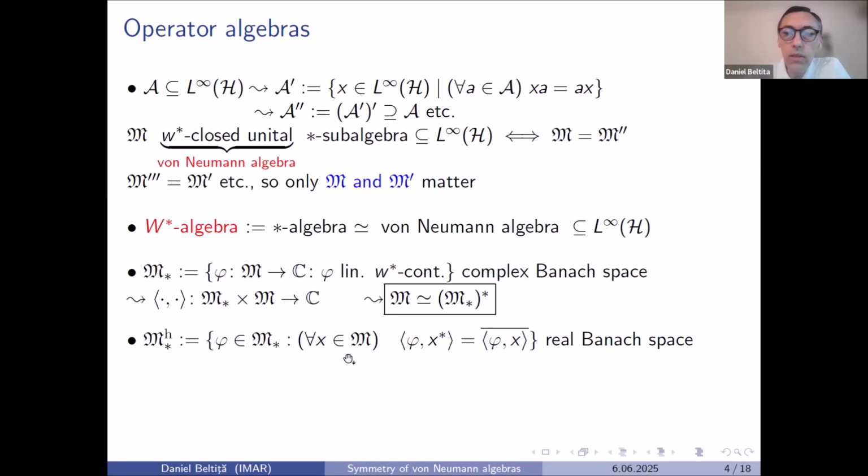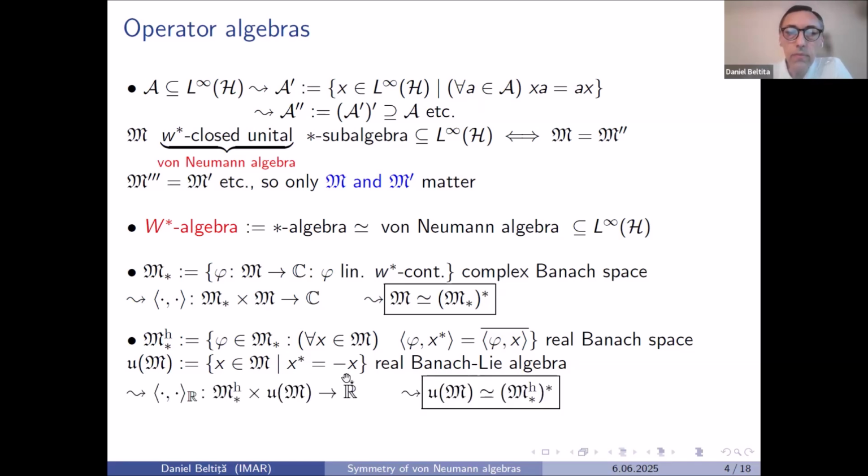As we see from this property, this is only a real Banach space, and we can naturally compute its dual space. It turns out to be the space of skew-adjoint operators. Of course, it is also isomorphic as a real Banach space with the space of self-adjoint operators, but we like this more because it has the additional property of being a Lie algebra, so it is closed under the commutator of two elements. And we have this duality pairing.